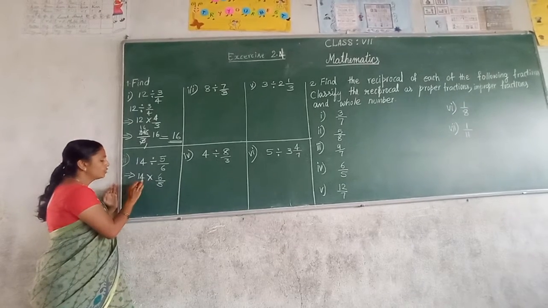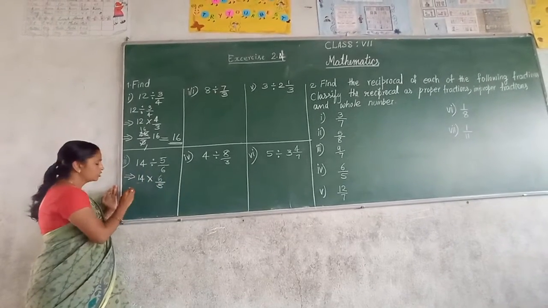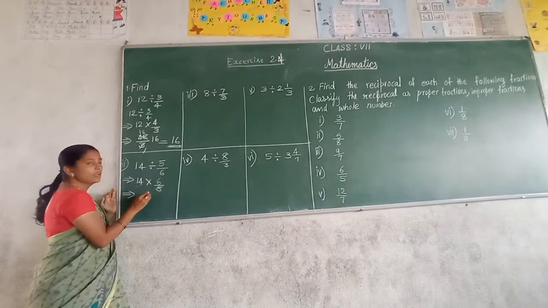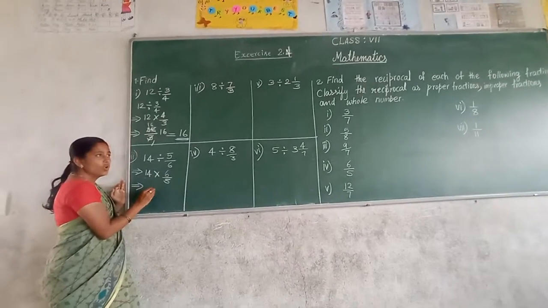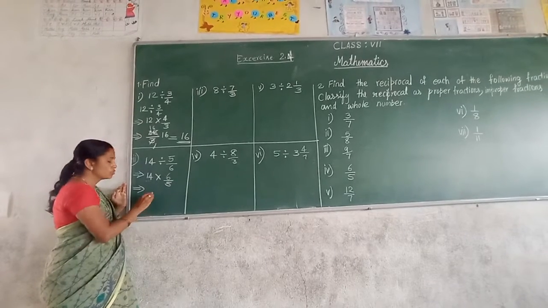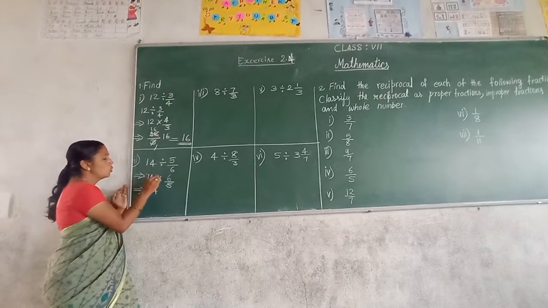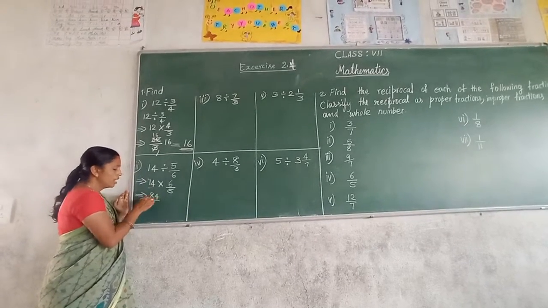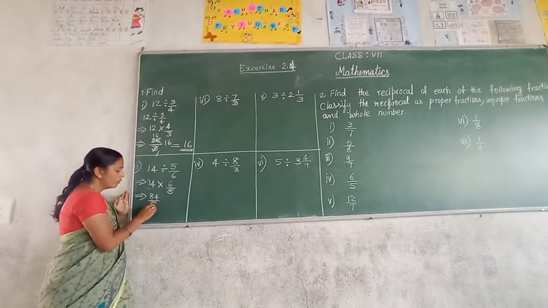Now if a whole number and a fraction are there, it is the same method. 6 fours are 24, 6 twos are 12, 6 ones are 6, plus 2, 84 upon 5.